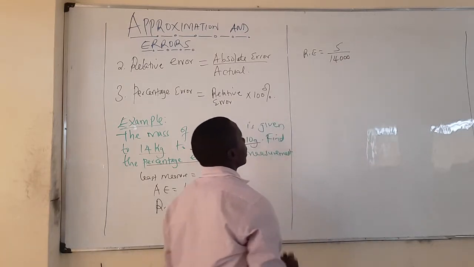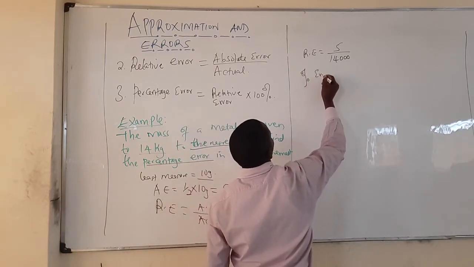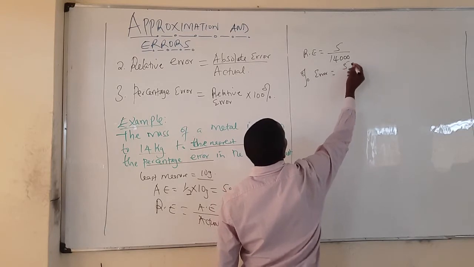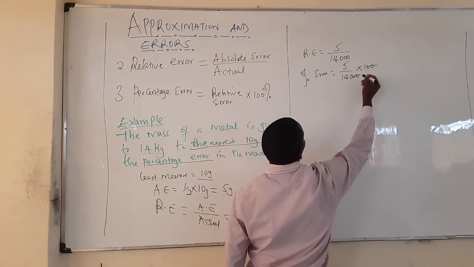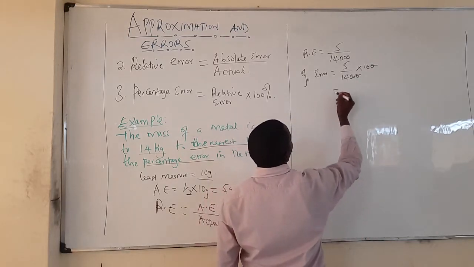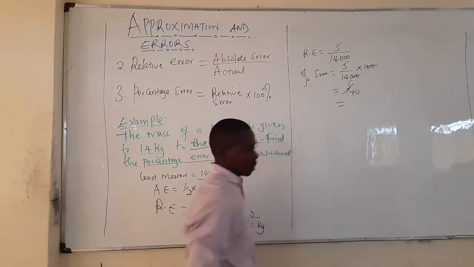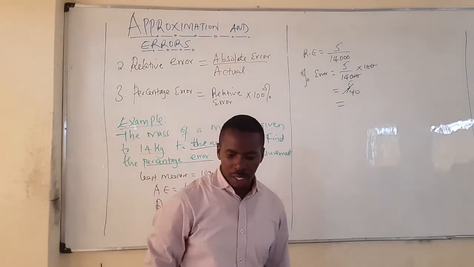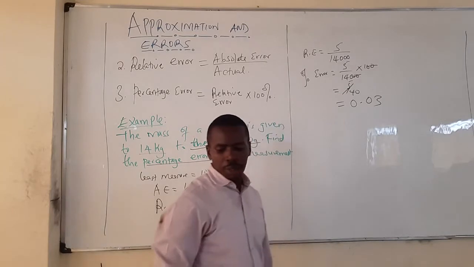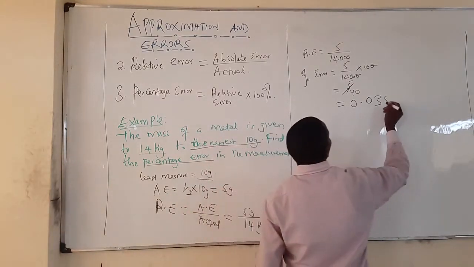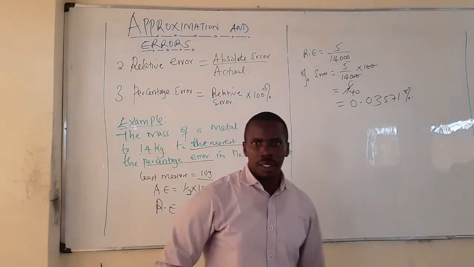That is the relative error. Then the percentage error is going to be 5 over 14,000 times 100. Simplify that, and this gives you 5 over 140, which is equivalent to 0.03571. That is to 4 significant figures.